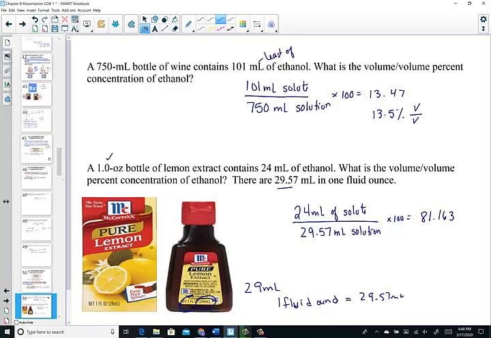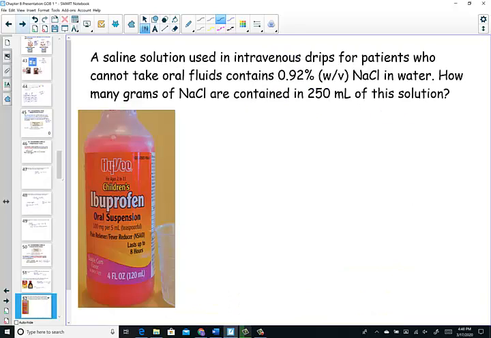We have 2 sig figs limiting us, so it's 81% volume by volume alcohol. That's why I said, wow, that's a high percentage of alcohol in lemon extract. It's 81% by volume alcohol. Who knew?